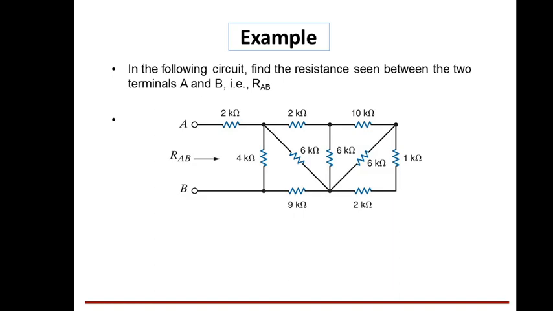Again 3 and 6 are parallel, you find that. After finding that, 10 and this value are connected in series, and again that value is in parallel with 6. So in this way, from right to left, you calculate and find the value of resistance between nodes A and B. Okay, that is for your practice.